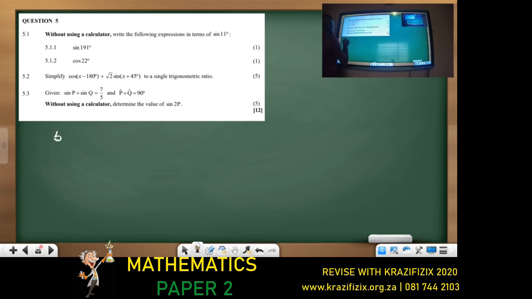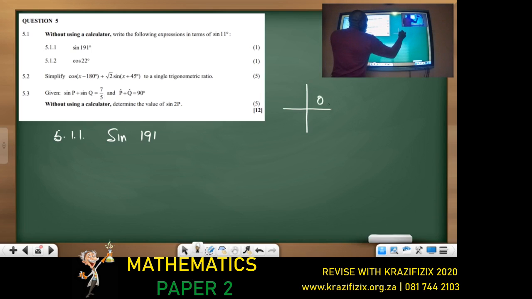Alright, 5.1.1, this is reduction. Sine 191. Alright, what do I know quickly? If I draw my quadrants, that's 180 minus theta there, 180 plus theta there, and 360 minus theta. All science teachers cheat, you know that.